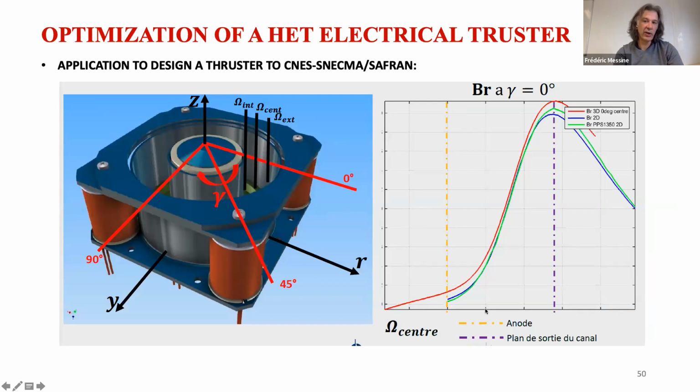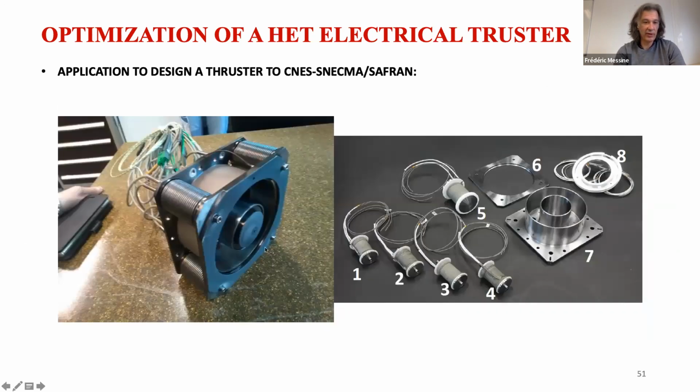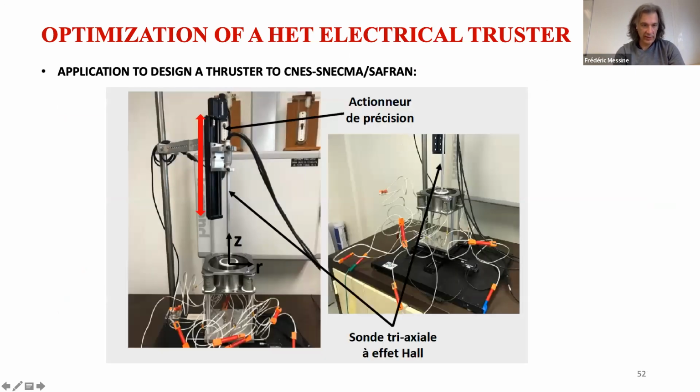So in my team, we also construct the thruster and we test it. Here you have a thruster made for Safran, and we can test it like this, and we can test the magnetic field in some part of the motor to be sure that we did a good work of design.